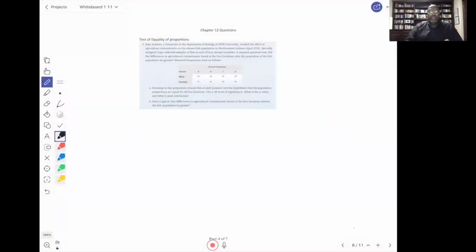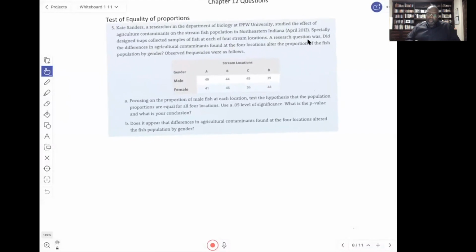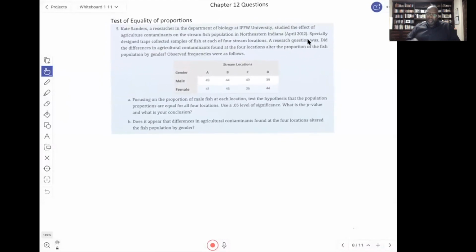There we go. Now let's try to get a sense of this problem right here. That's question 5, question 5 in your textbook in chapter 12.